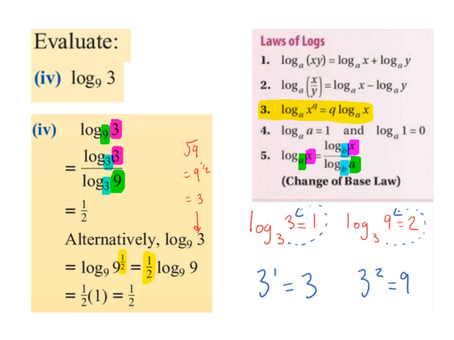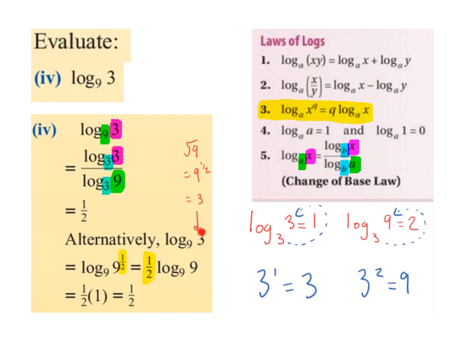So alternatively, we could have rewritten log base 9 of 3 as log base 9 of 9 to the power of a half, because 3 is the same thing as the square root of 9, and the square root of 9 is the same thing as 9 to the power of a half, which again gives us 3.